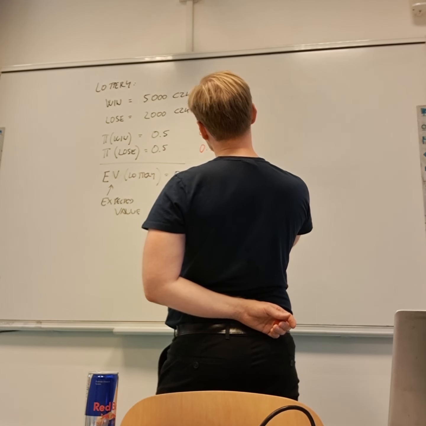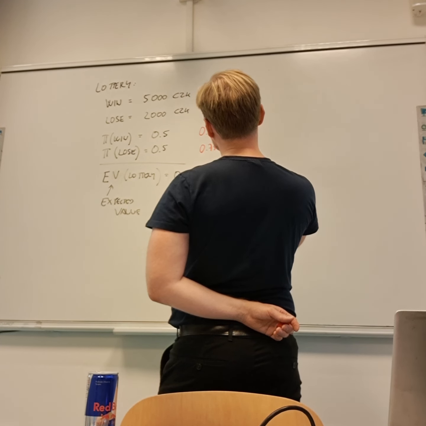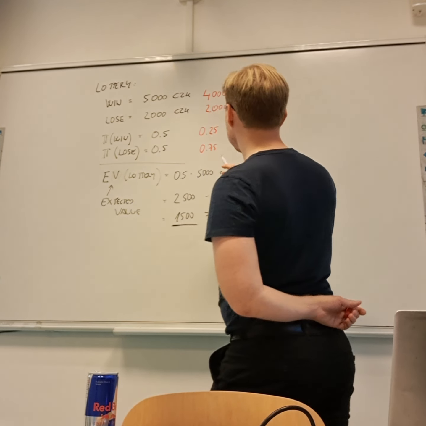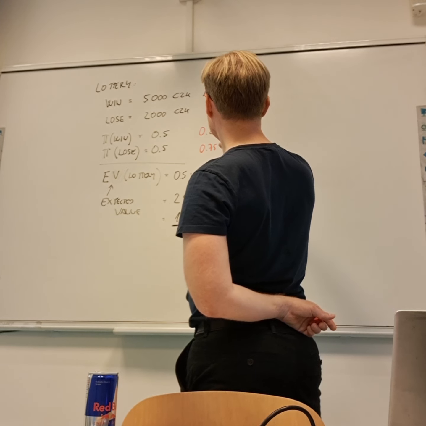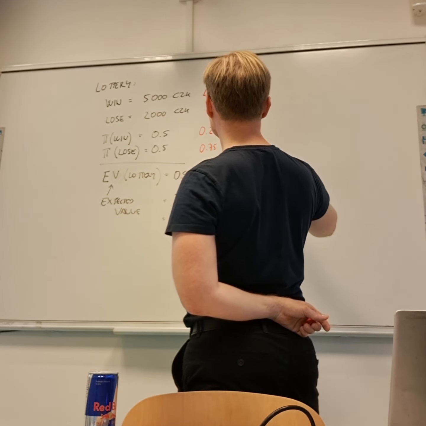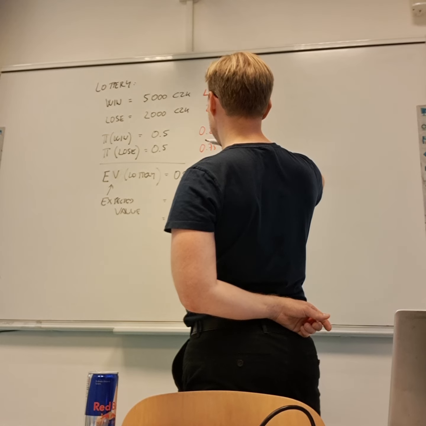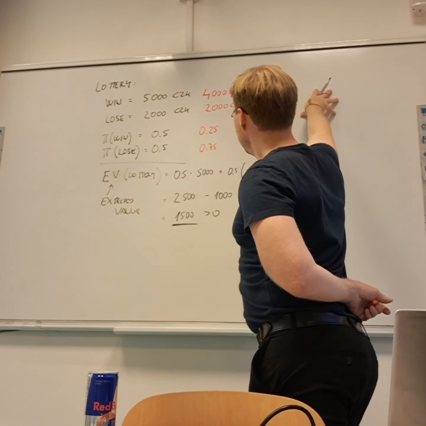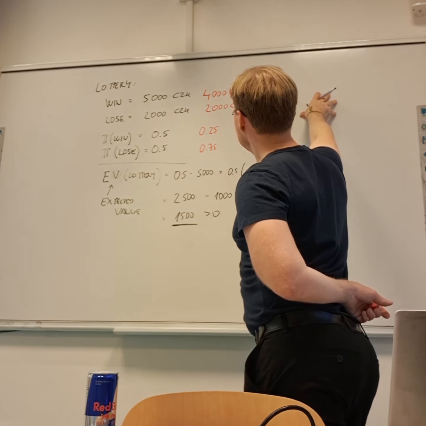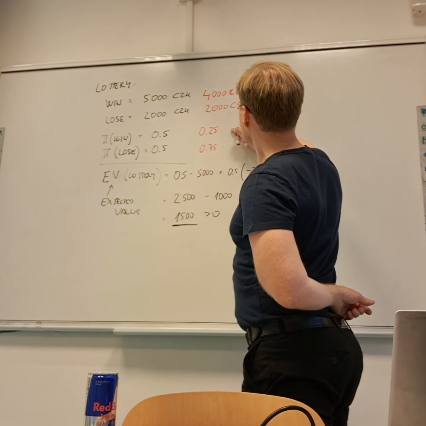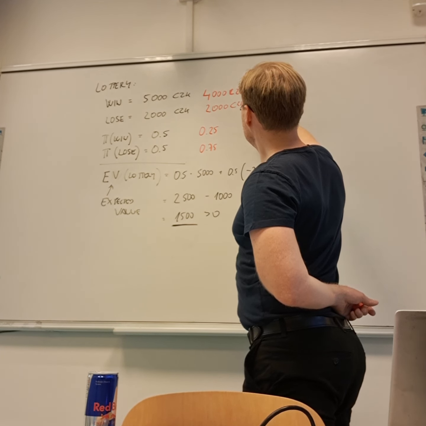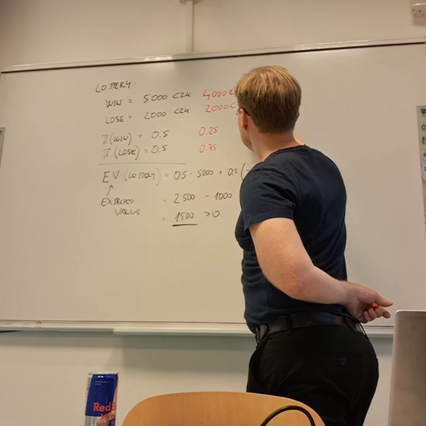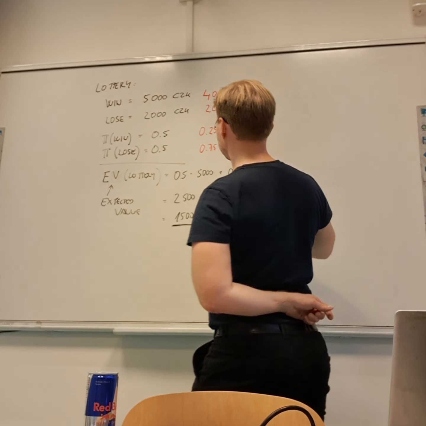One quarter of 4,000 would be 1,000. In that case, the expected value would be 1,000 minus 1,500. Correct. So it would be minus 500.